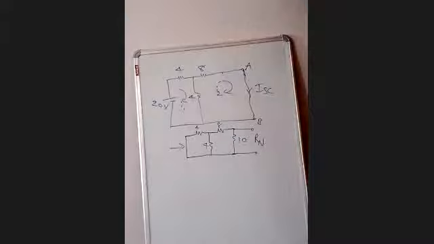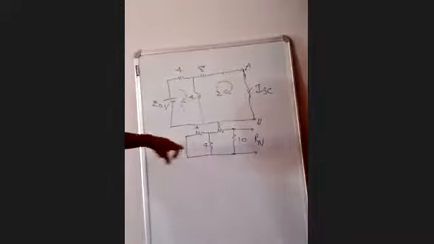So I'm drawing the circuit. For determining R_TH or R_N, we have to short all the voltage sources. Now we have to calculate the equivalent value from the opposite side.